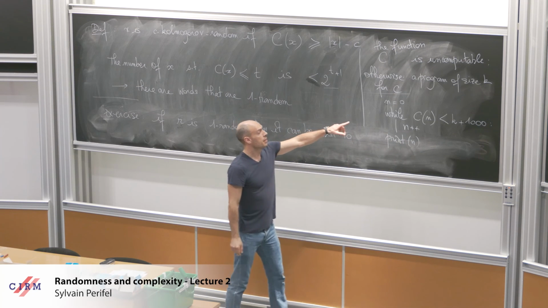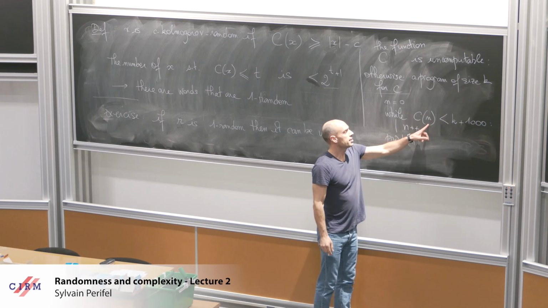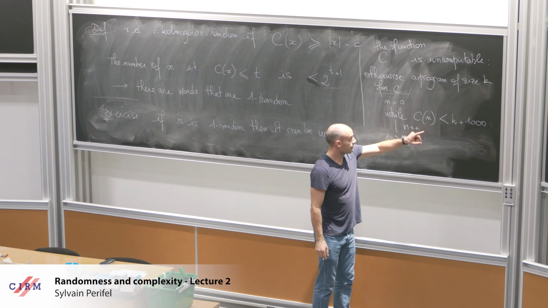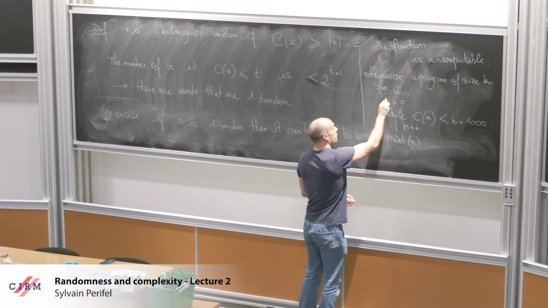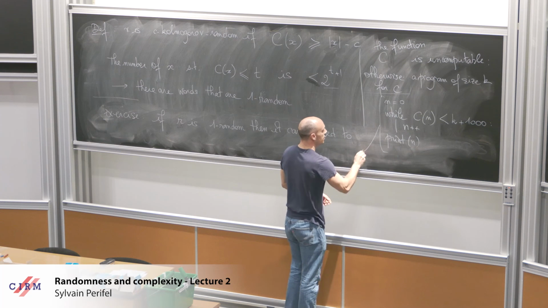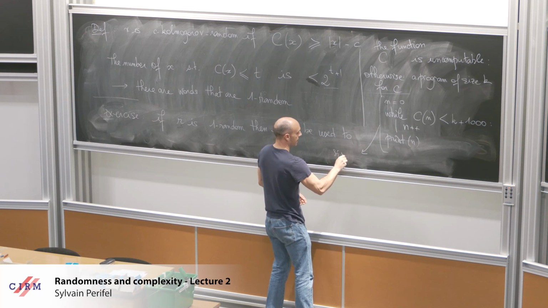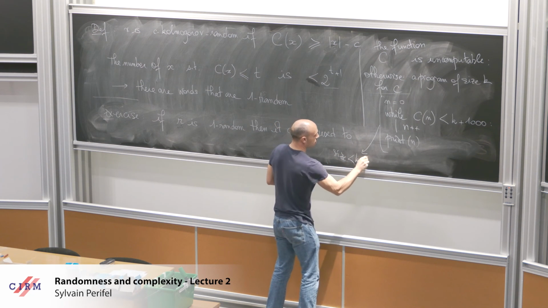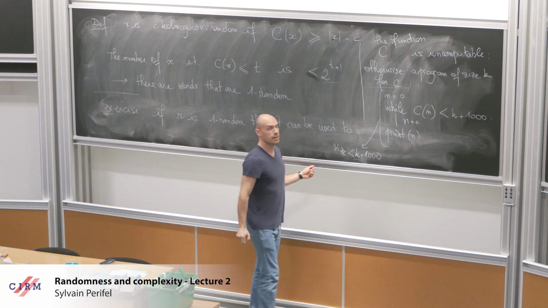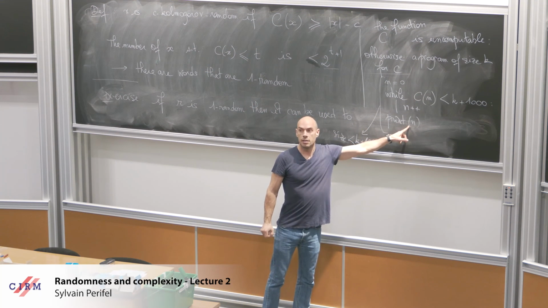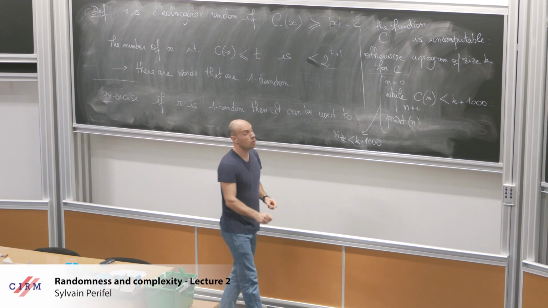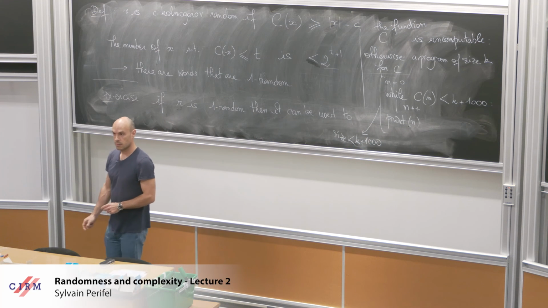So if C had a program of size k, this whole program has a size less than k plus 1000. But it outputs an n which has complexity more than k plus 1000.